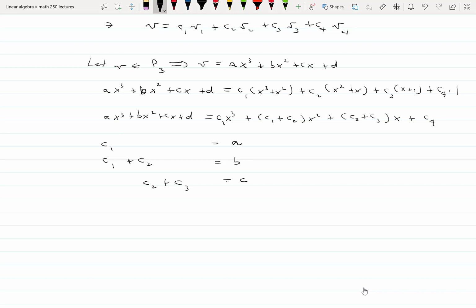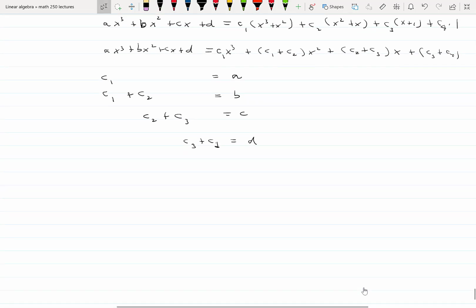And finally it says, I think I've screwed up the constant coefficient. I'm going back up, I think it should be C3 plus C4. Yeah. So C3 plus C4, the constants, should equal D.